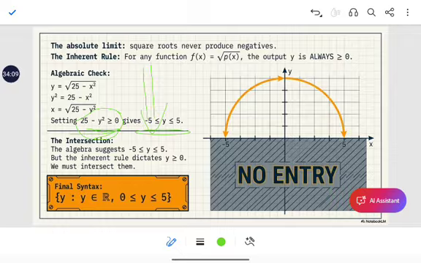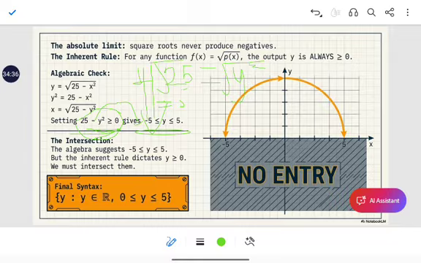So we take the negative y squared to the other side. We will get 25 is equal to y squared. So taking the square root of both sides, we get plus or minus 5. Okay, plus or minus 5.